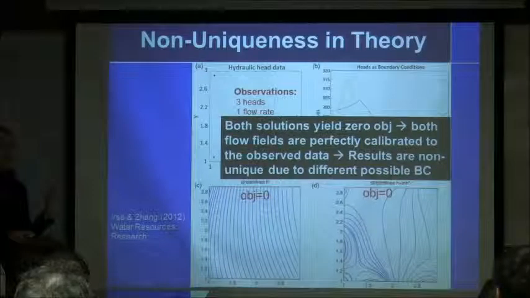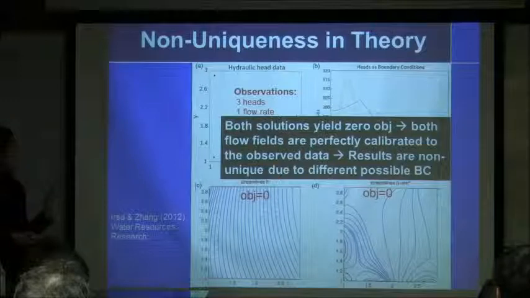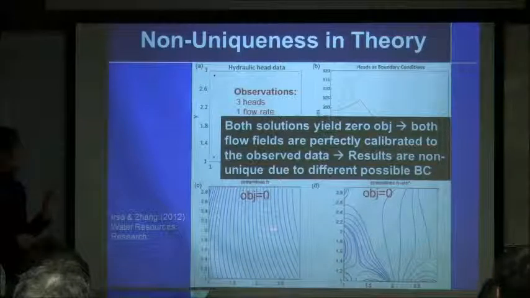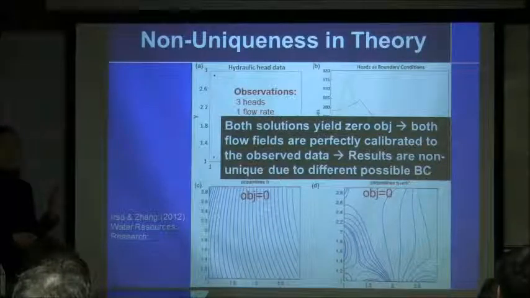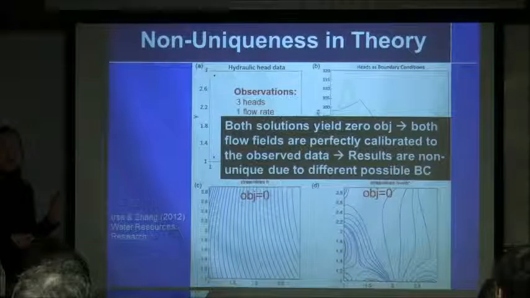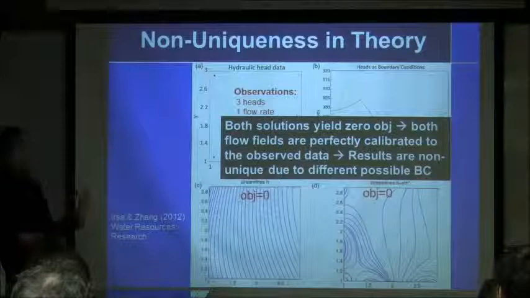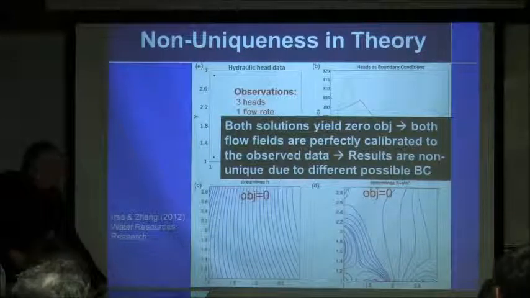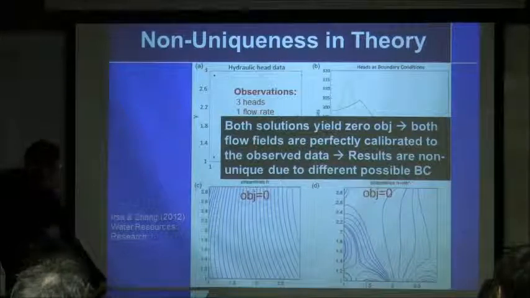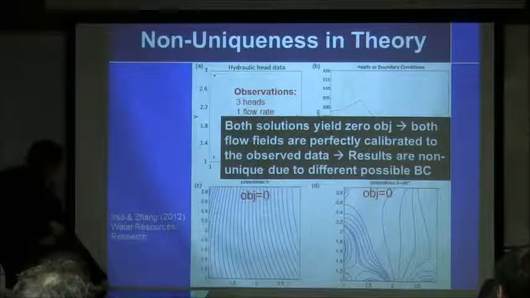Therefore, both fields are perfectly calibrated to the data. Results are therefore non-unique due to the different possible boundary conditions that in the real world you do not know. So if you do not know, you have to make guesses. That is non-uniqueness in theory. We have a detailed discussion which we published last year in this paper.